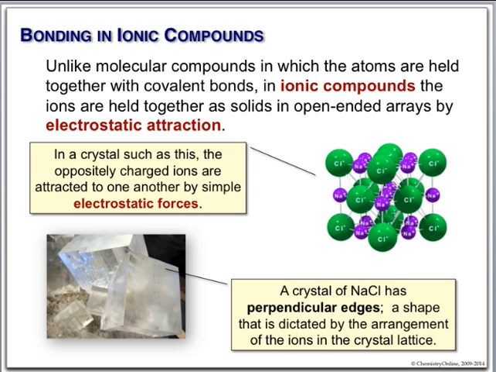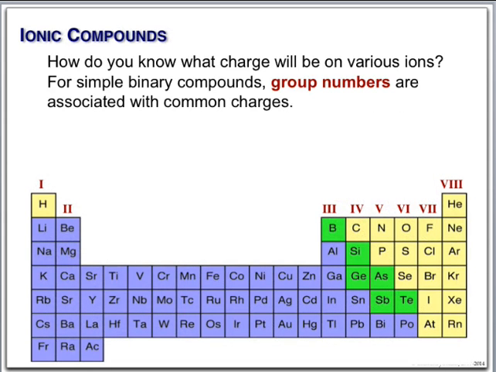Well, if we go back to our old friend, the periodic table, it's actually very, very simple. Remember, we ignored the fact that there are really 18 across, and we just did the groups 1 through 8, because those represent the simple valence electrons. Well, they also represent nicely the charges for the ions in that group.